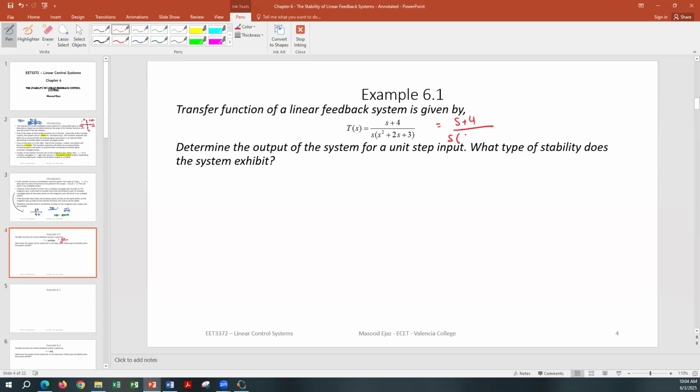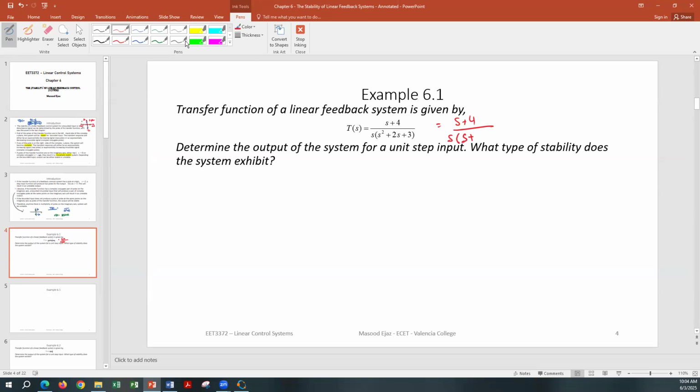No, s minus, is it complex or not? What are the roots? 3 minus 1 is 2, so s plus... complex conjugate?